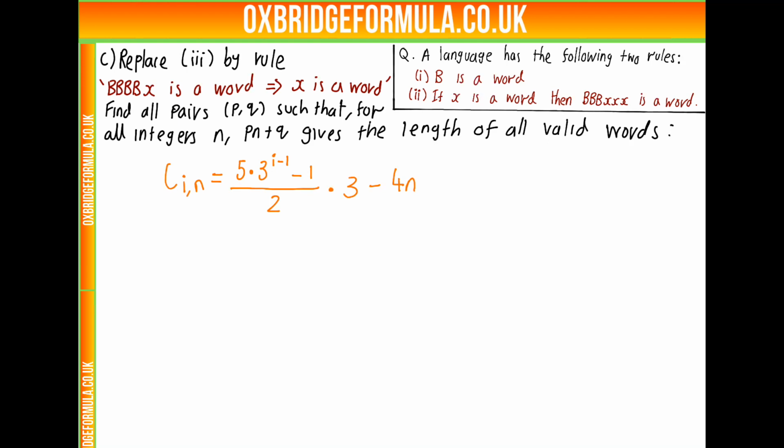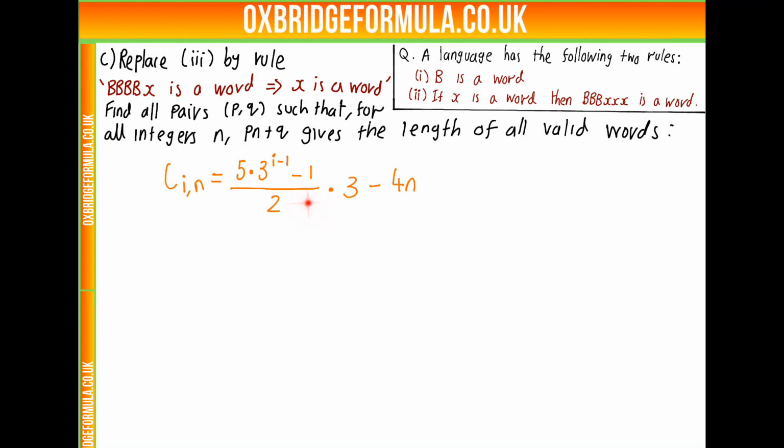So bearing what we just did in mind, what we can say is that we can build exactly the words of this length for I and n integers. Why is that? Well, we know from our rule 1 and rule 2 we can build anything with this length and exactly this length.